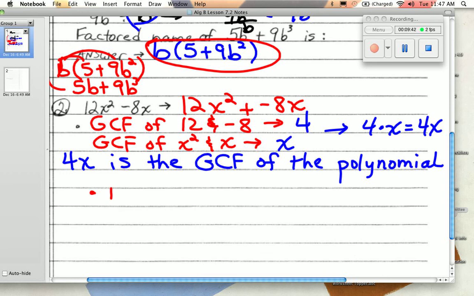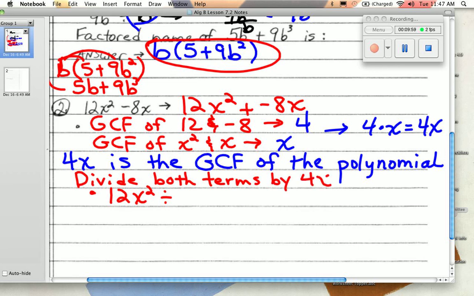So we have 12x squared that is going to get divided by 4x, and negative 8x is going to get divided by 4x. I should divide both terms by 4x.